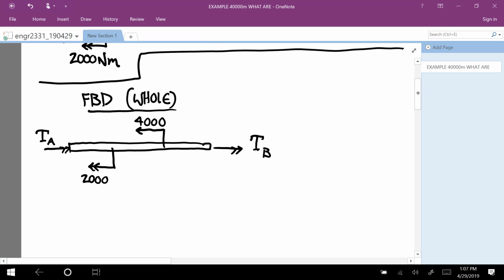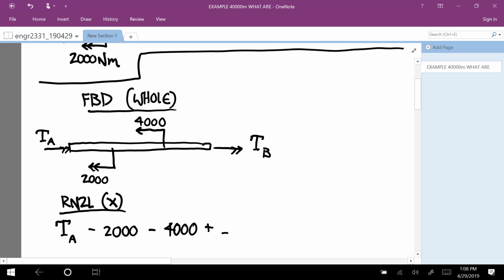We don't have any forces. We don't have anything that'll produce moments about the z-axis. So I'm just going to use rotational Newton's second law about the x-axis. And it says TA minus 2,000 minus 4,000 plus TB is equal to 0.